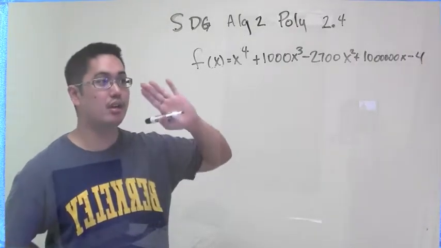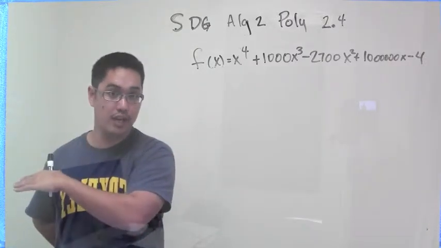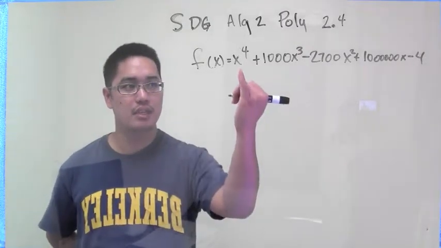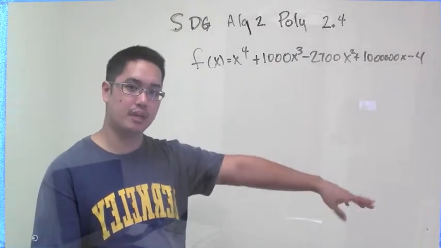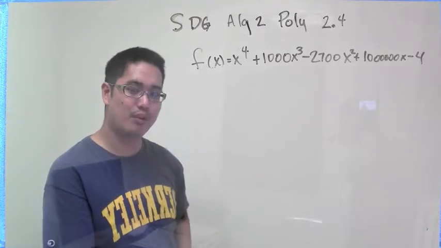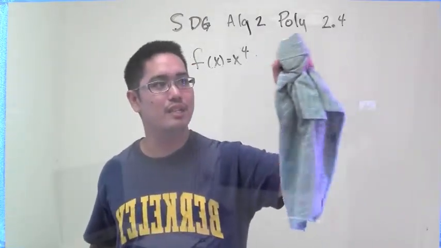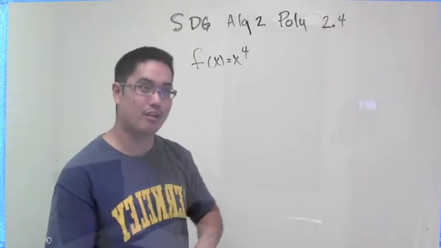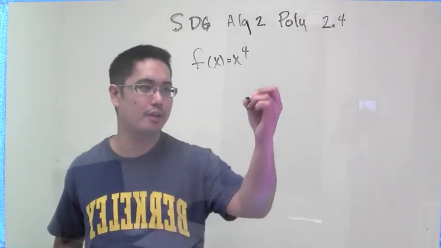But at very large x values and at very negative x values, the only term that really dominates this thing will be the x to the 4th power. So when I'm considering the endpoints specifically, I can't erase the other terms. They don't go away. But the only one that's important is the x to the 4th power. Let's talk about what those end behaviors are going to look like.